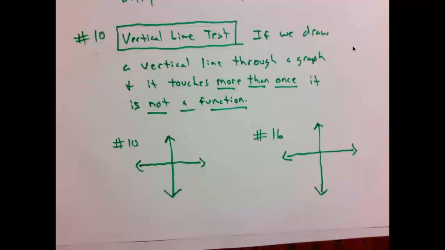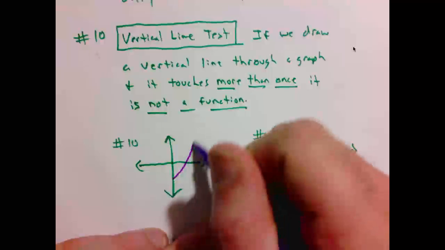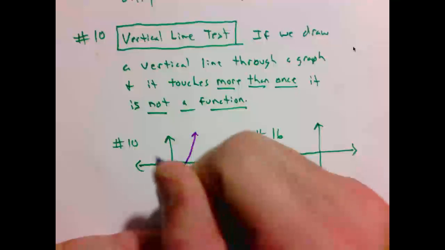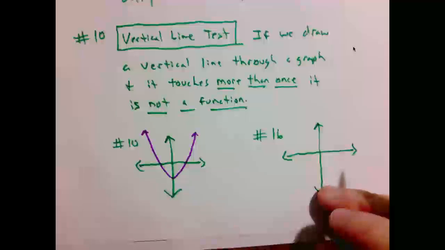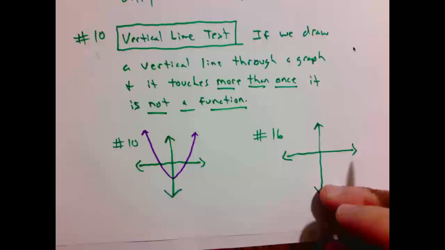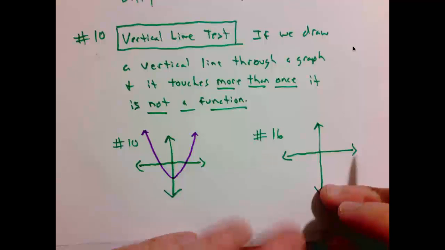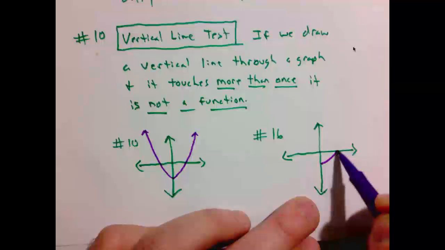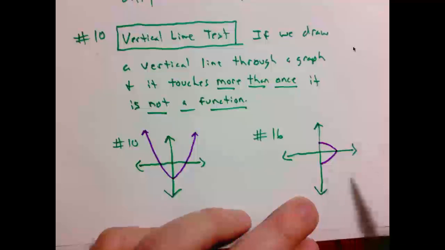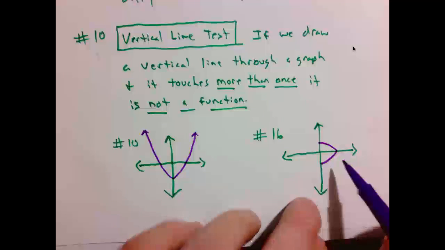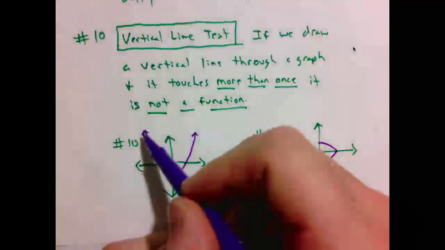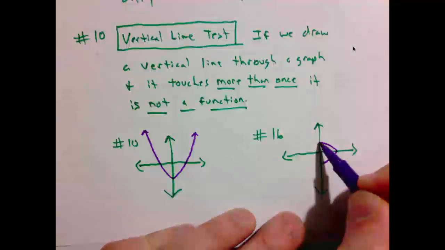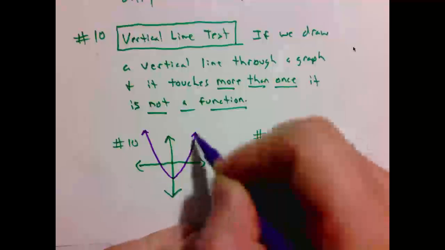Alright, number 10 shows us what appears to be a parabola. And number 16 shows what might be considered a sideways looking parabola. Well, we haven't discussed any parabolas that look like this, but in fact neither of these show arrows extending, so I'm going to just terminate this right here and this one as well.